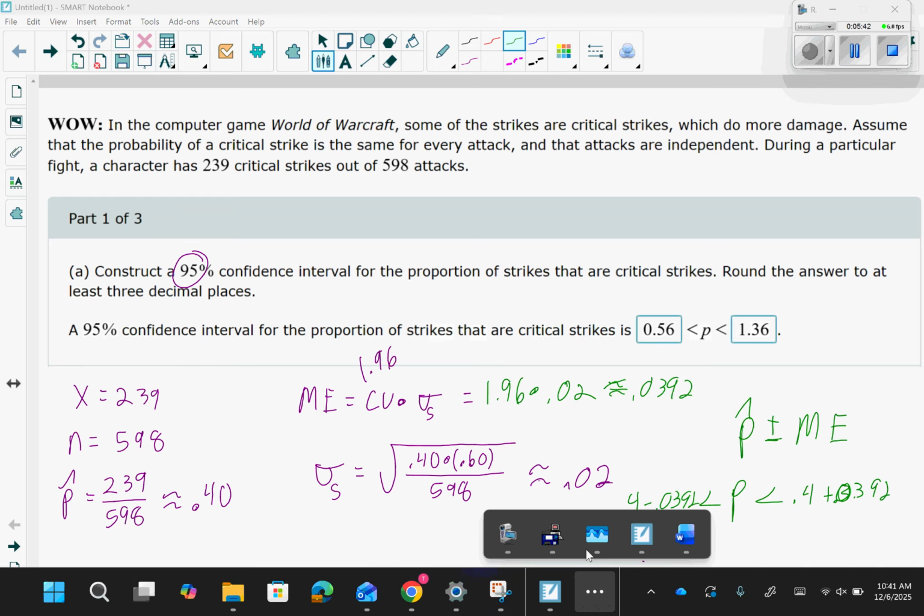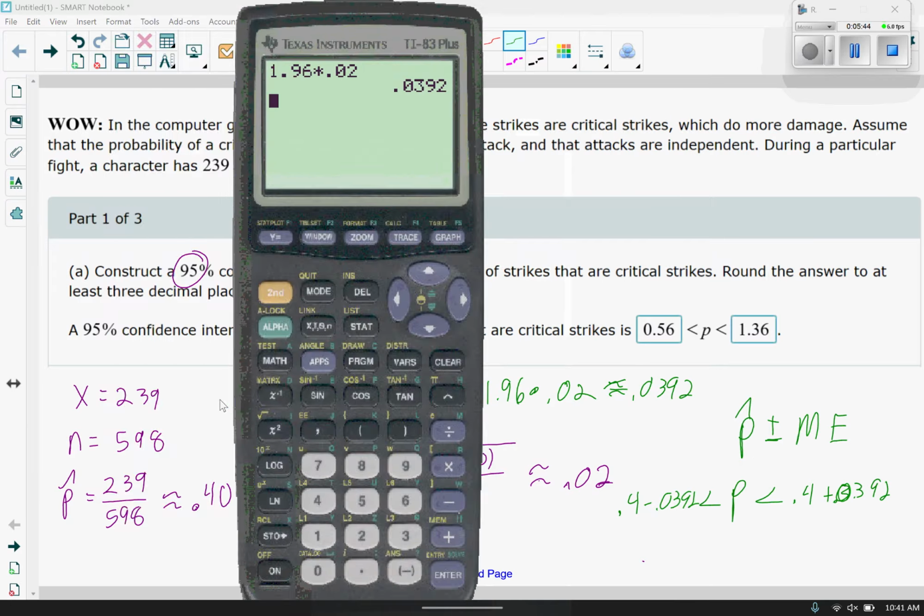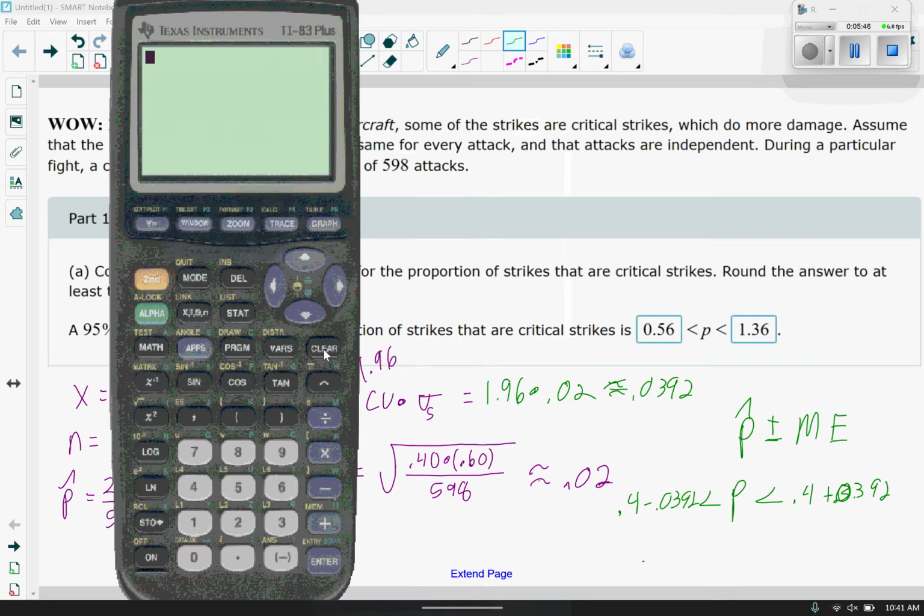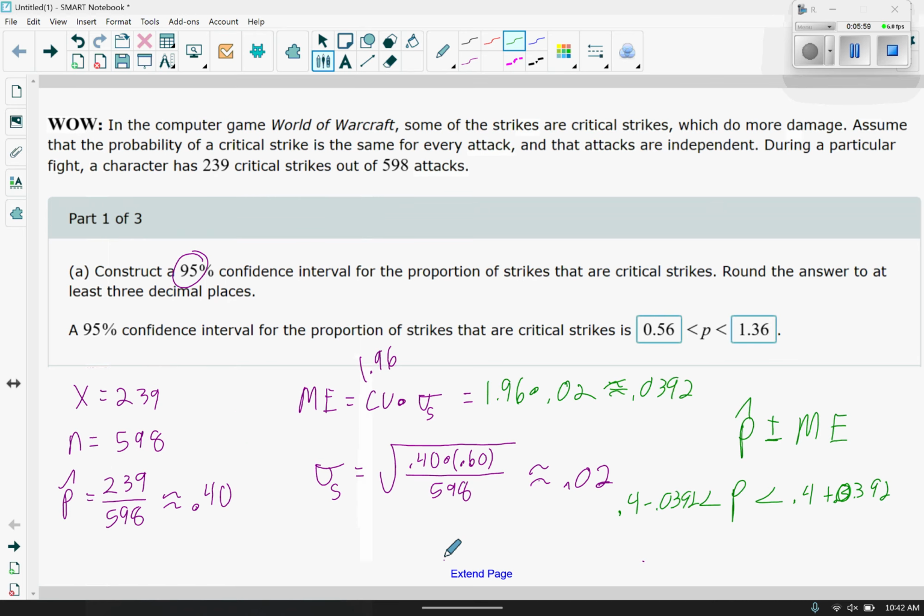And then, like I said, I'll show you in the calculator how to put all this in and run it, and we'll compare and see what it looks like. So 0.4 minus 0.0392, and so we get 0.36. And so apparently, I guess 2 decimal places are going to be fine.